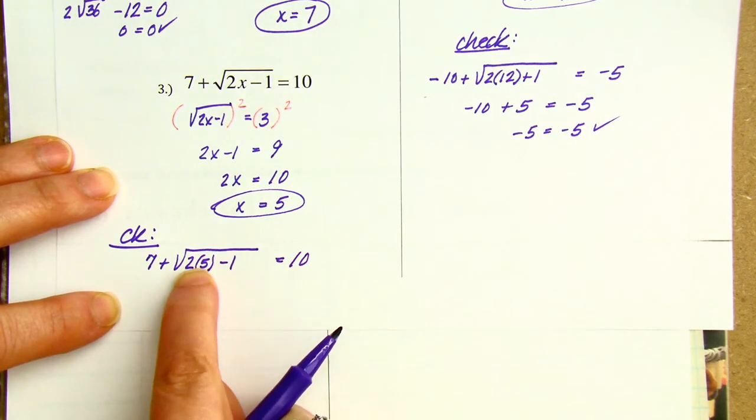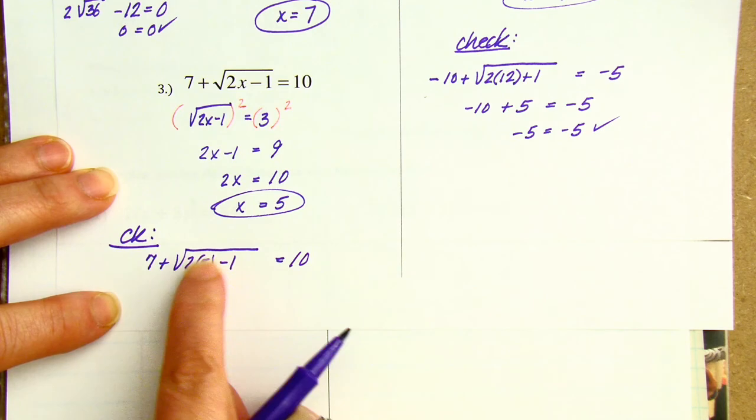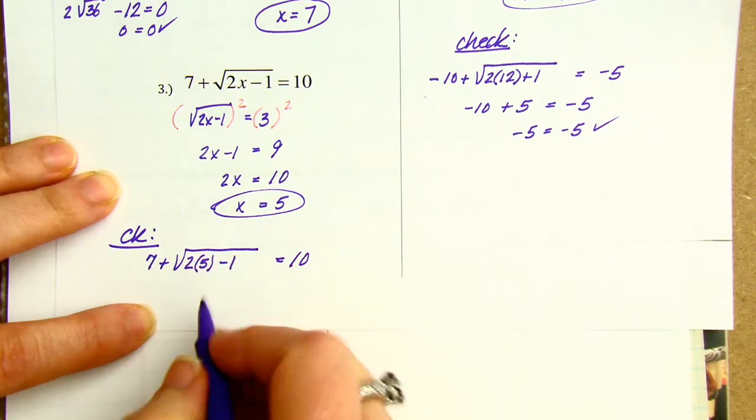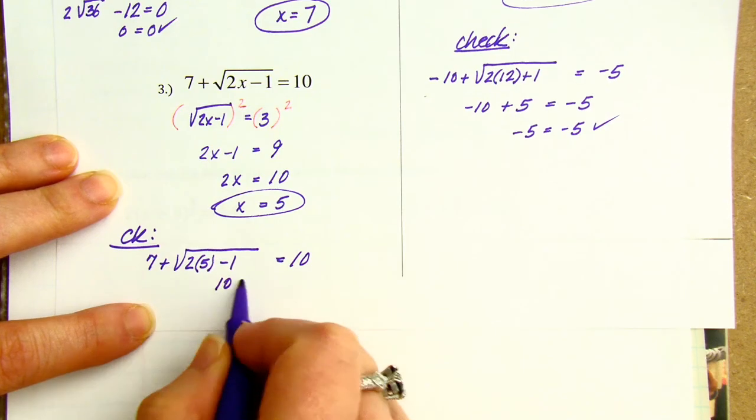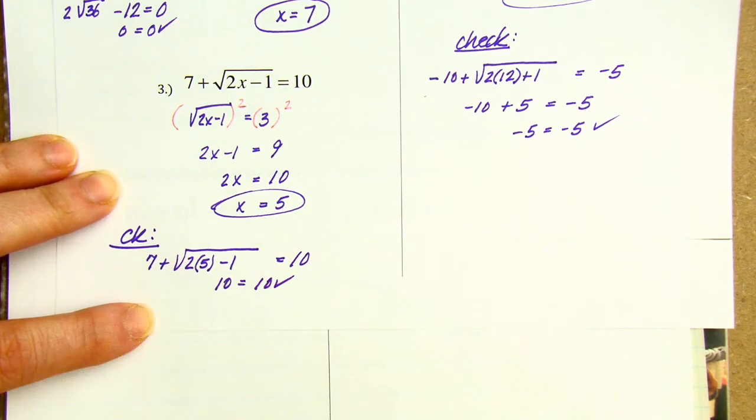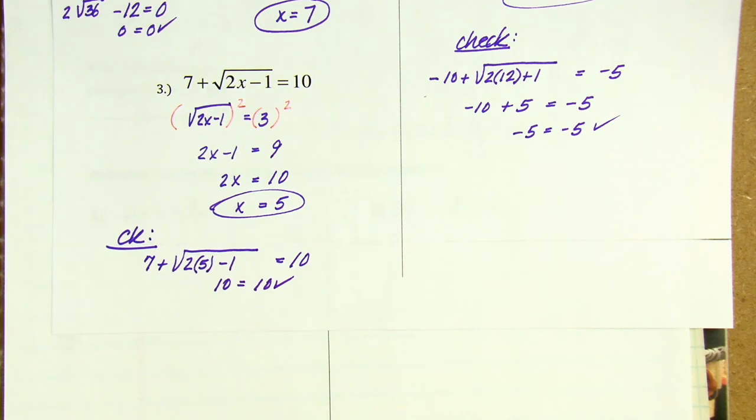This is 10 inside the radical, minus 1 is 9. The square root of 9 is 3. So this becomes 7 plus 3, or 10, and that does equal 10. Okay, so if you have any questions, please be sure to ask so that I may help you.